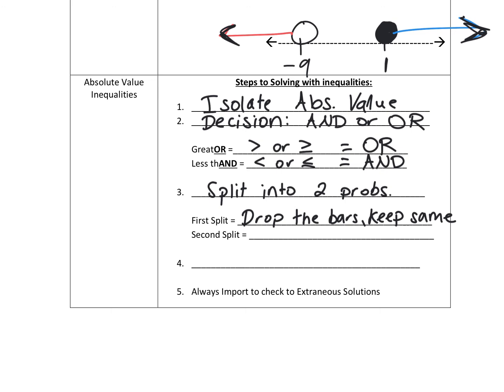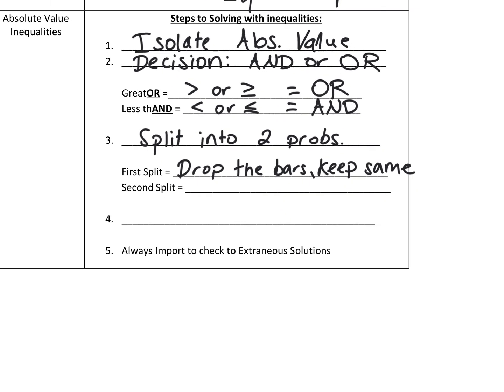Keep it the same. Don't change anything. The second split, though, you're going to drop the bars again. What do you think is going to happen to the sign? Flip it. And then you're also going to make the right side negative.